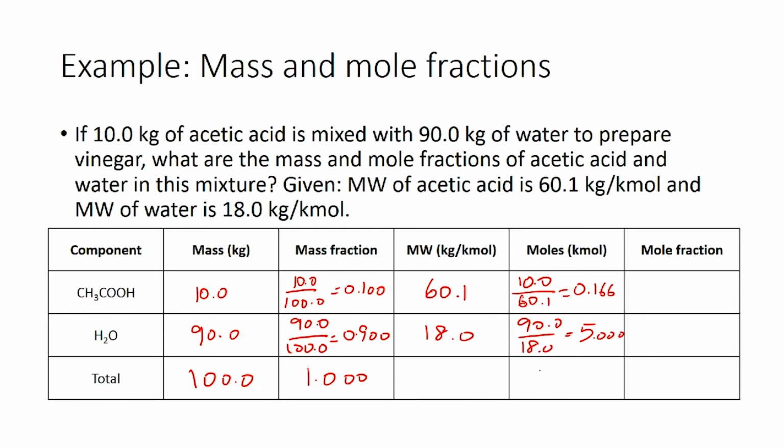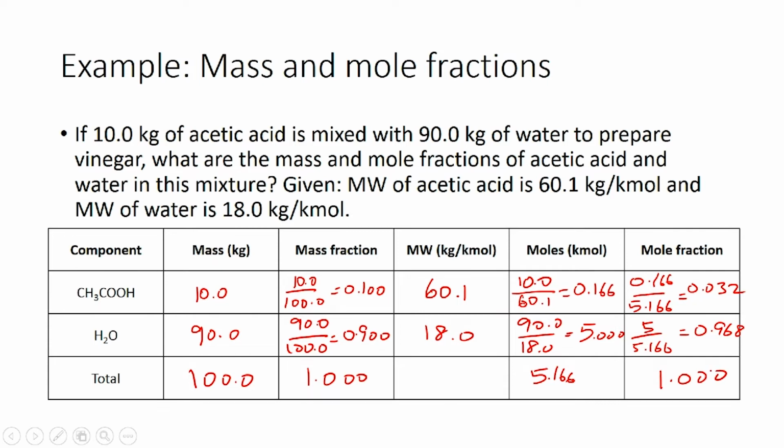So, you are left with a final answer which is the total number of moles as 5.166. So, using this you can calculate the mole fraction as 0.166 divided by 5.166, which would be equal to 0.032, and the mole fraction of water would be 5 divided by 5.166. So, the numerical value for this would be 0.968. The summation of these two would give you unity again.